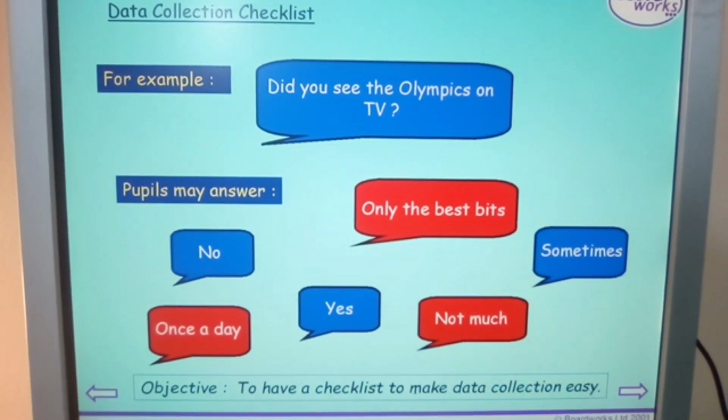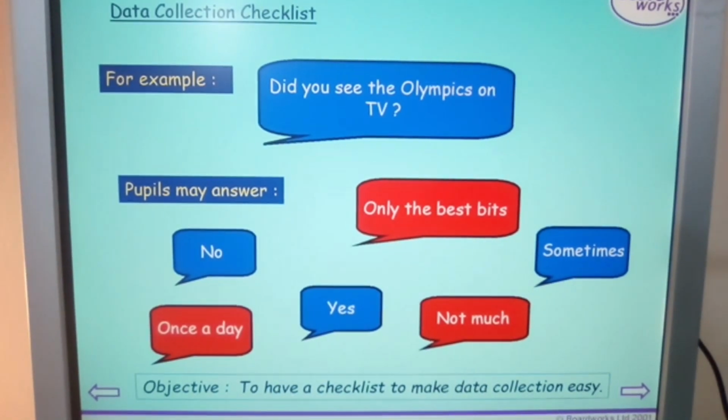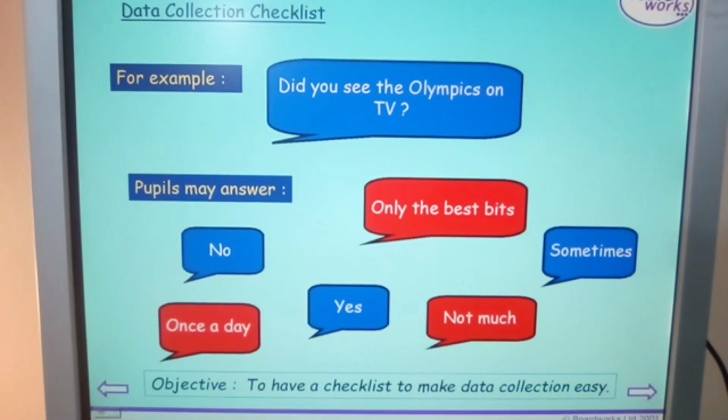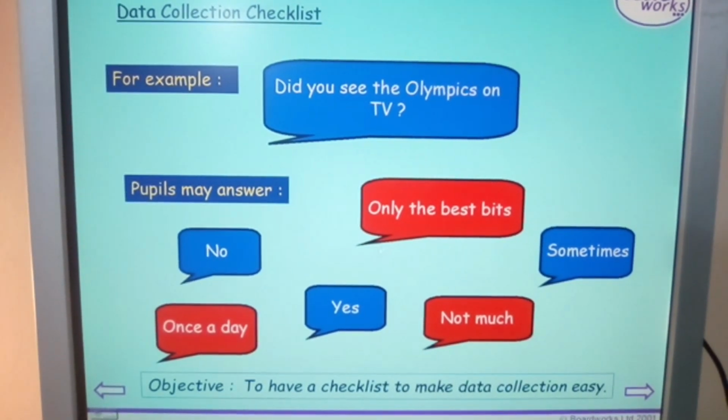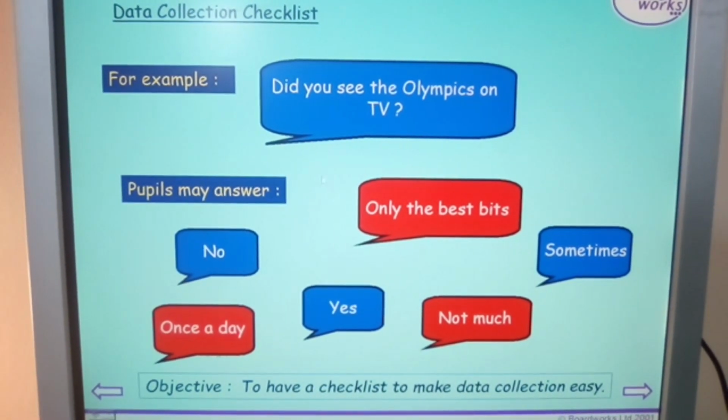Data collection checklist. For example, did you see the Olympics on TV? People may answer no, yes, once a day, not much, sometimes only the best bits, etc. Now, do you really want that?